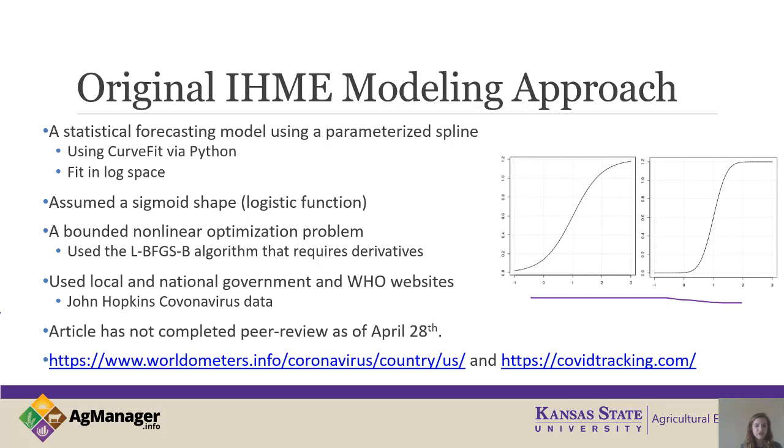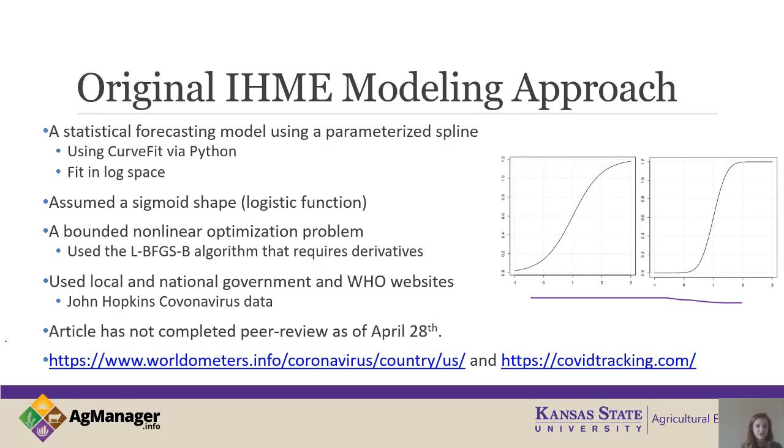Most of the information used for this model comes from local and national governments, as well as the World Health Organization website. In addition, the Johns Hopkins coronavirus data. So as of today, April 28th, this article has not completed the full peer review process.